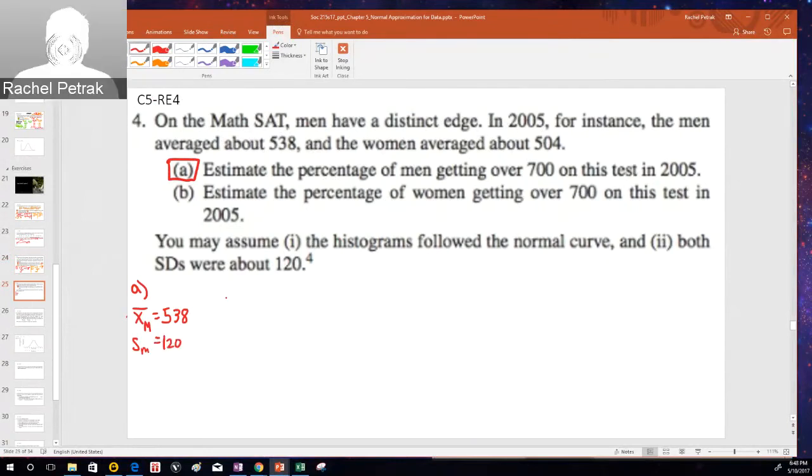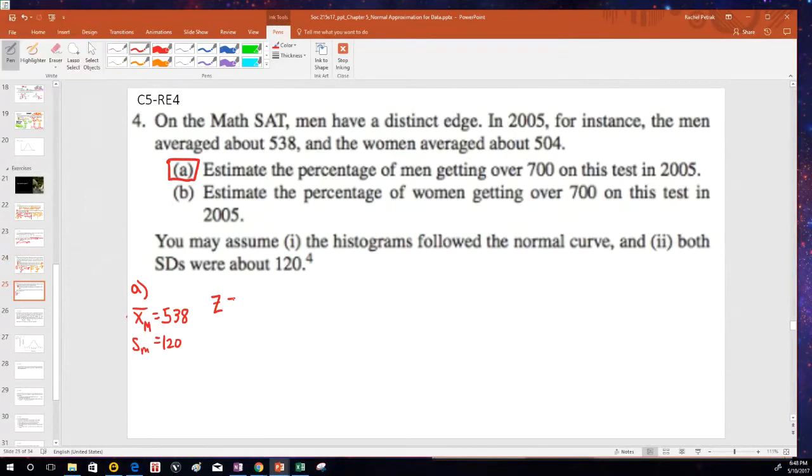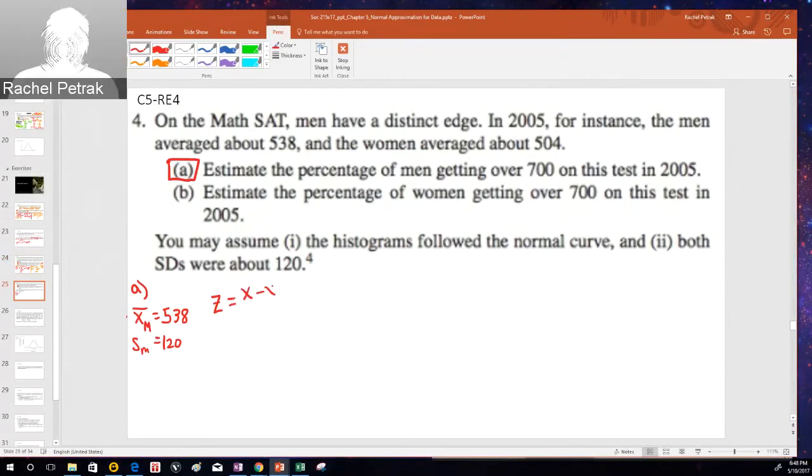And so we need to find first this Z-score that represents 700. We know Z equals X minus X bar, or the raw score minus the mean, over the standard deviation.